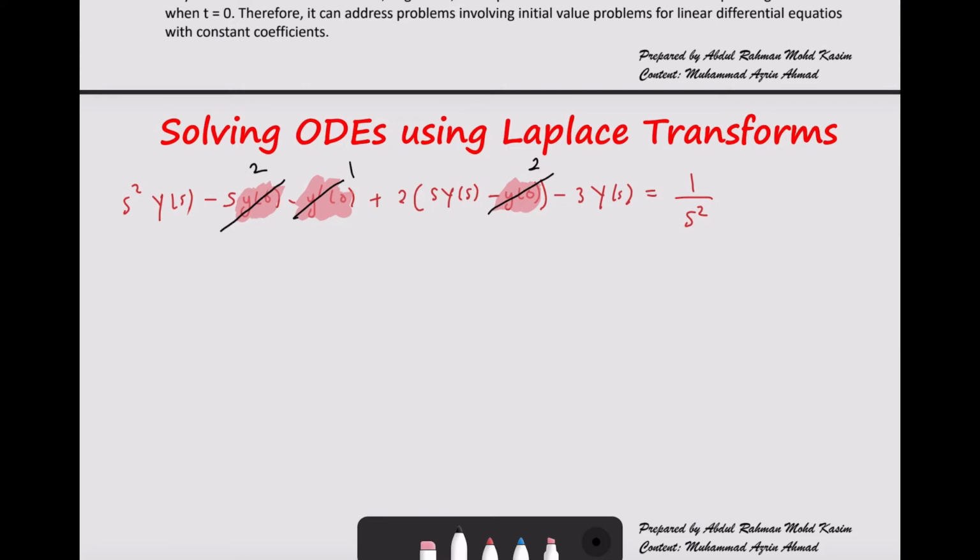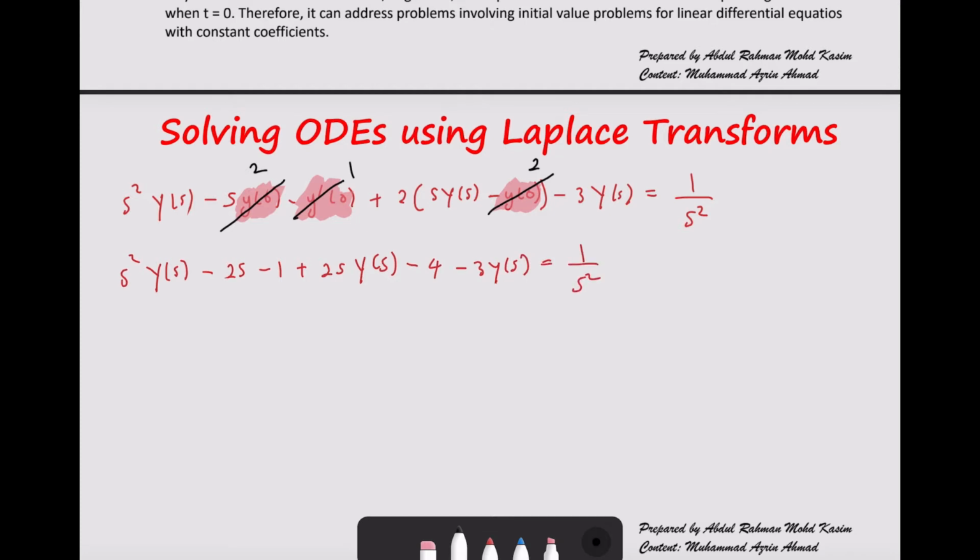So what you will obtain is s squared Y(s) minus 2s minus 1, plus 2s Y(s) minus 4, and then minus 3Y(s) equals 1 over s squared.